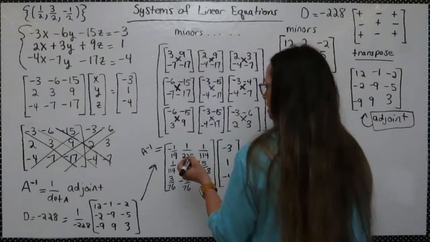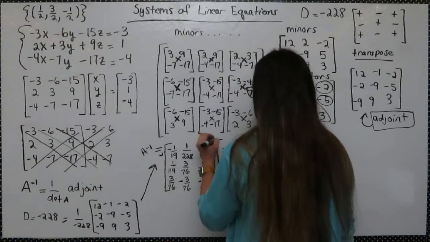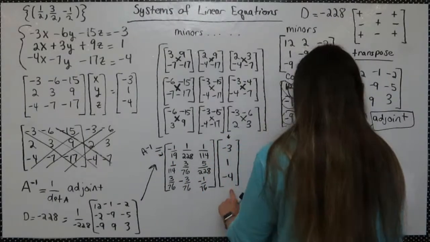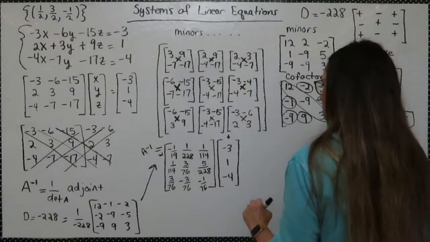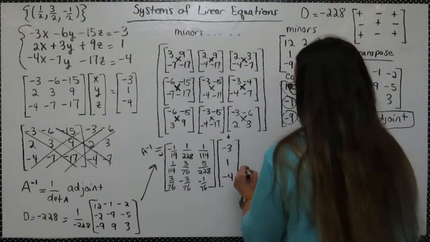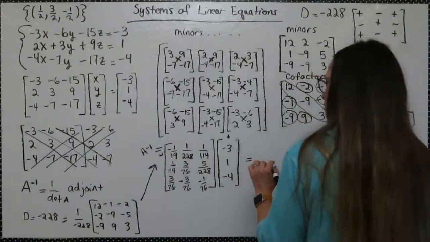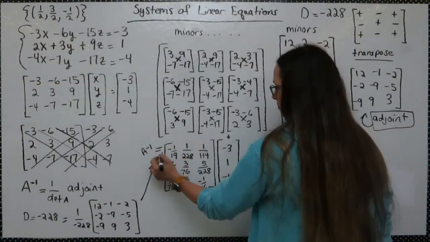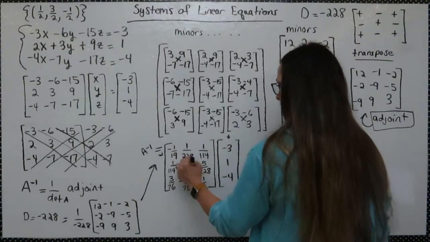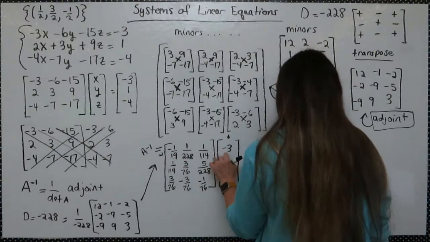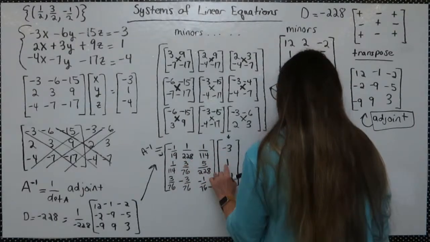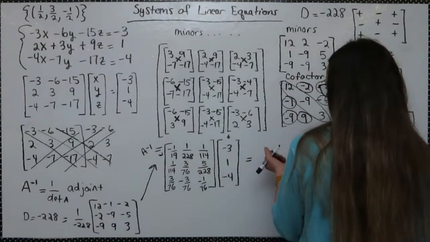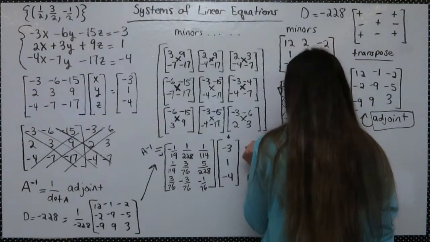Now I'm taking this row and multiplying it by this column. This is a 3 by 3 times a 3 by 1, so the resulting matrix is going to be a 3 by 1. If I take this entire row and multiply it by this column, I'm taking this position times this position, and so on. All right, and this is what you get.